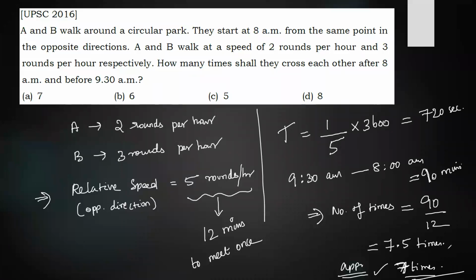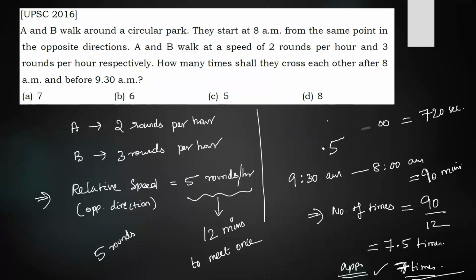So approximately, you take it as 7. 7 times they will meet. Minimum they will meet 7 times. Should not take 8. Out of 7.5, 7 times completed. That's why we say 7 times.